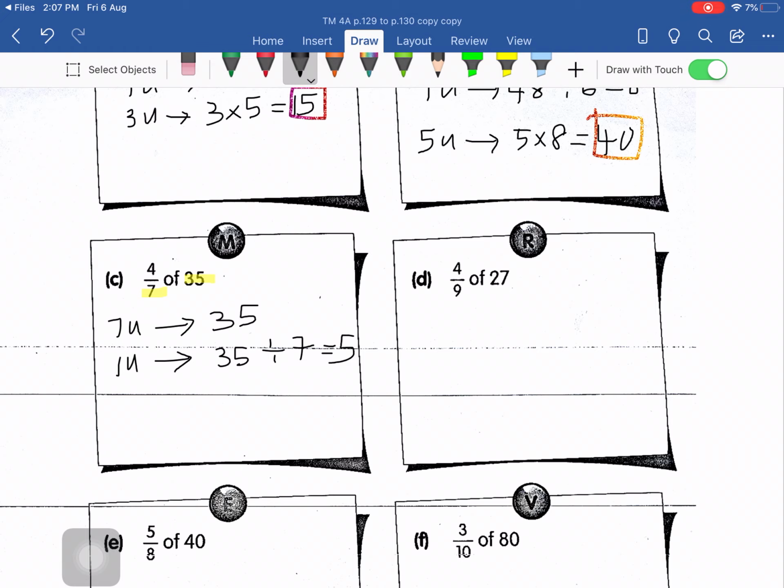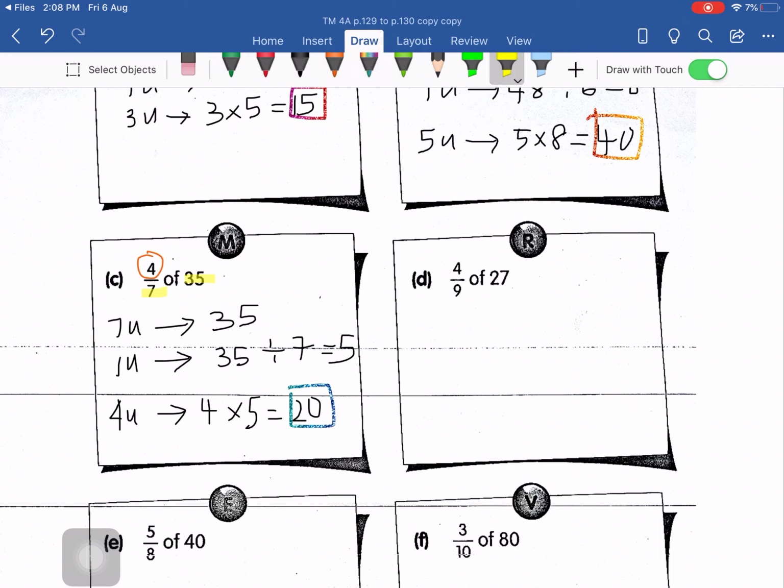So each group represents 5. 1 unit is 5. So in the question, 4/7 represents 4 groups out of the 7 groups. To find the items in 4 groups, we know that it is 4 groups of 5. So it is 20. So the final answer is 20.